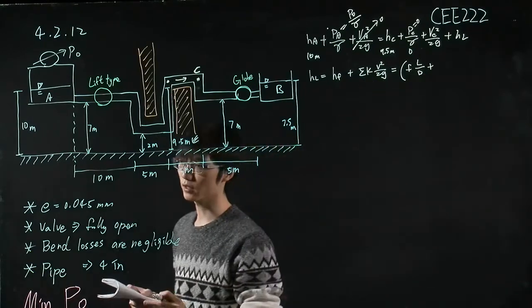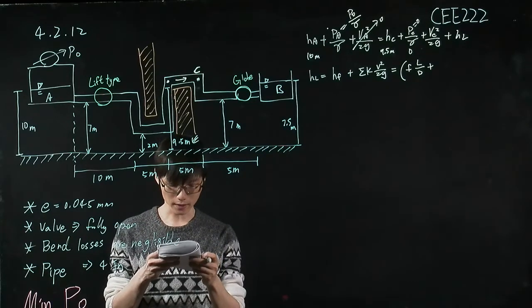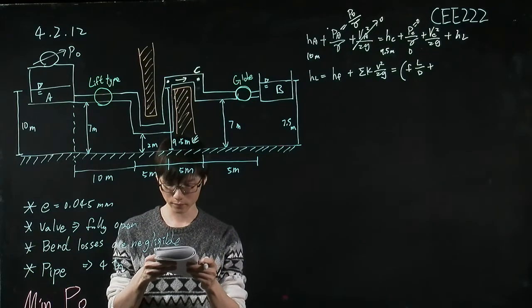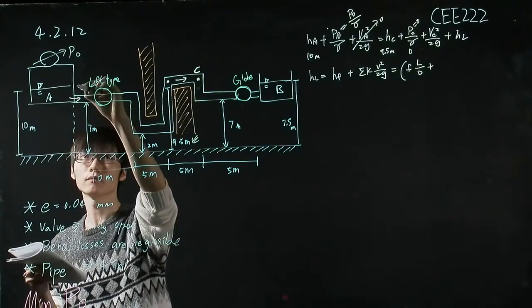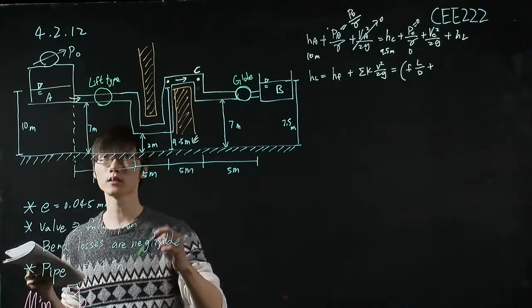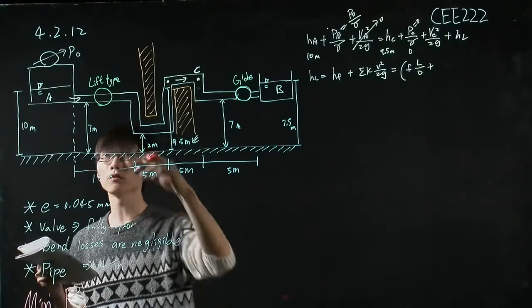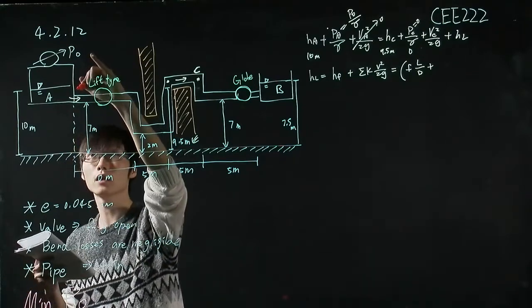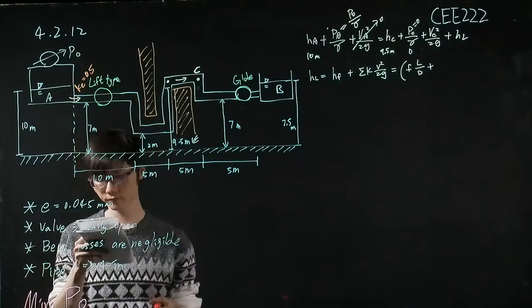How many minor losses do we need to consider for this problem? Let's see. First, we have this entrance. Let me use a different color. So we have this entrance loss, KE equal to 0.5, right?